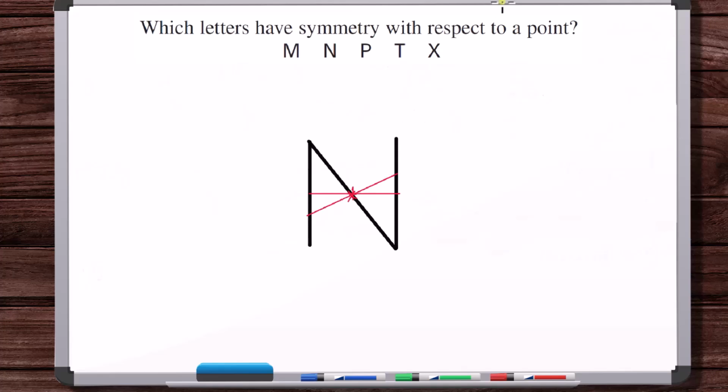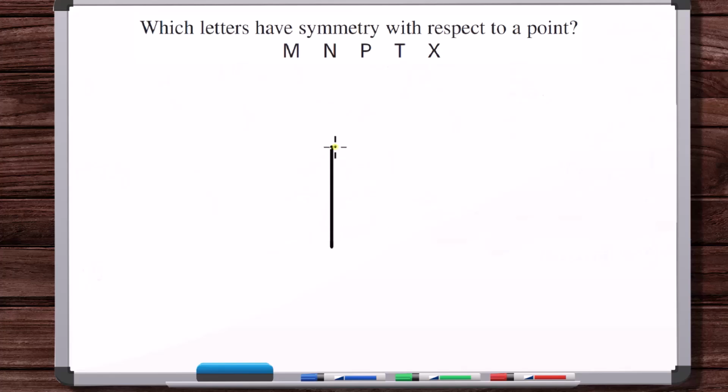Those are corresponding points. Equidistant on both sides. Those are corresponding points. Equidistant on both sides. Yes, yes. We could do like this. Those are corresponding points. So yes, the letter N does have a point of symmetry.